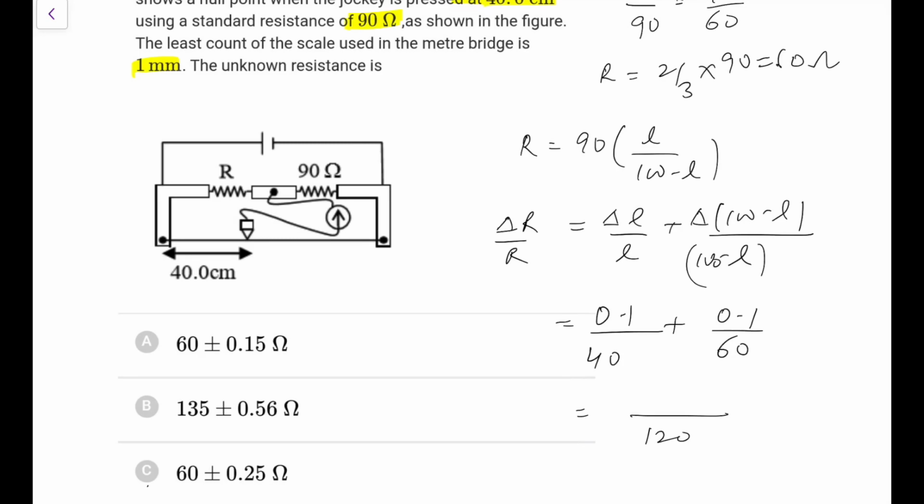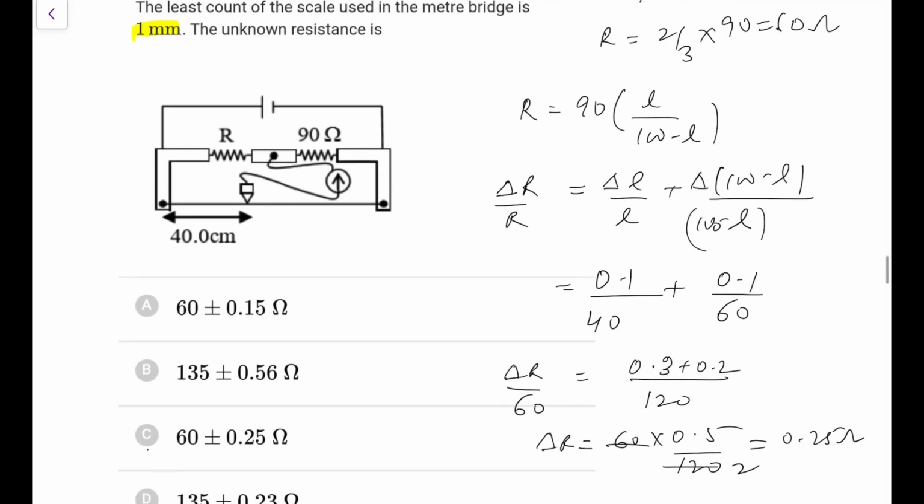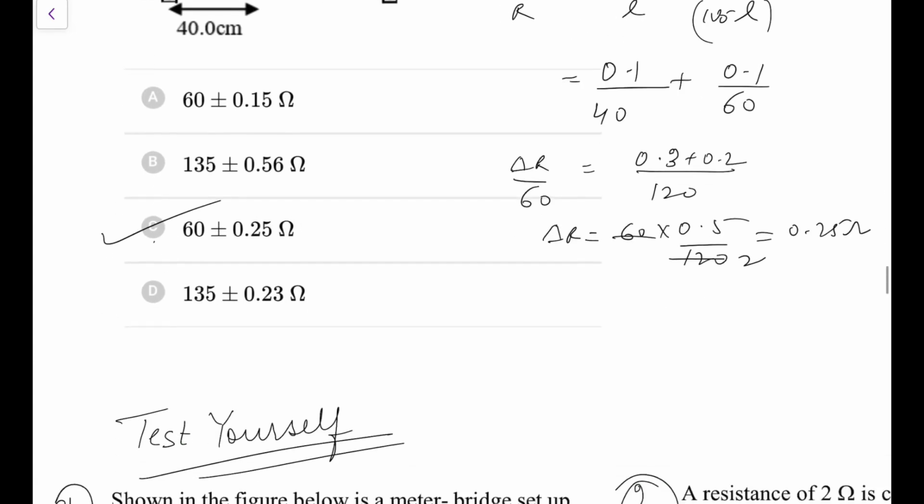I'll take it as 120, it would be 0.3 plus 0.2, and R is 60, so delta R I can write as 60 into 0.5 upon 120, this is 0.25. So the error is 0.25 ohms, so go for option C, 60 ohm plus minus 0.25 ohms. So this is about the meter bridge one.